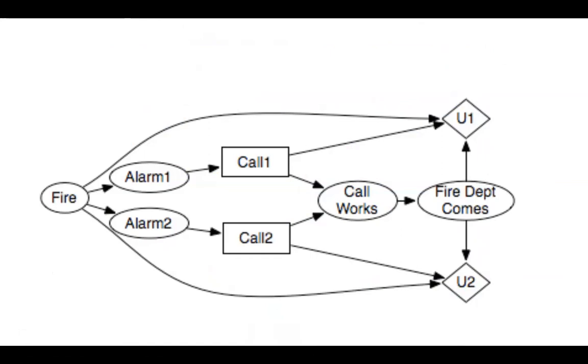This is something I found on the internet. I think we're deciding how to call the fire department. So how this decision flows: if alarm 1 goes off, then we're going to make call 1, and so we'll go down this path. Otherwise, we might make alarm 2, and so we go down this other path. So decisions, you could also think of those as networks.